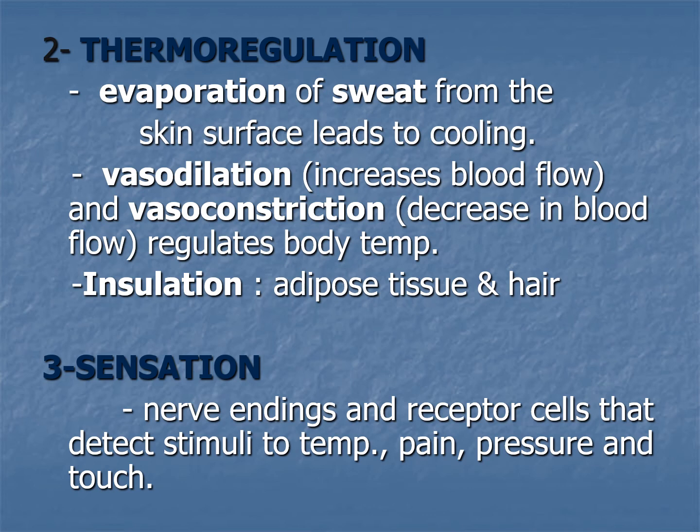This is carried out by evaporation of sweat from the surface, which leads to a cooling effect, vasodilation, which dissipates heat, vasoconstriction, which conserves heat, and insulation due to the fat layer and hairs. Thermoregulation is the most important function of the skin, which is lost if there is widespread involvement of the skin due to any disorder.